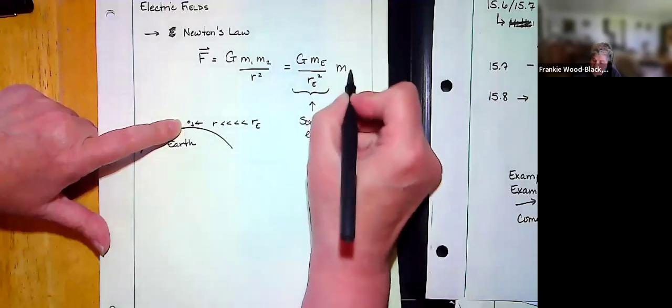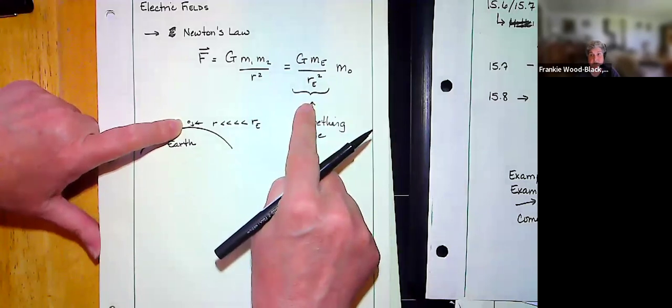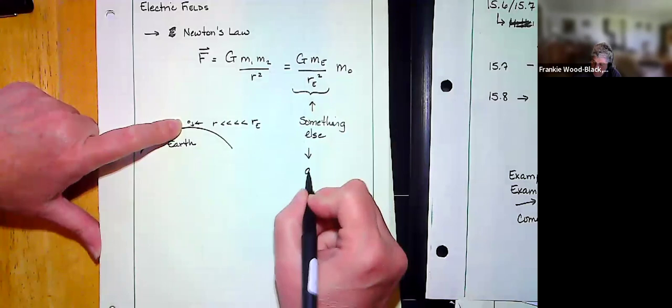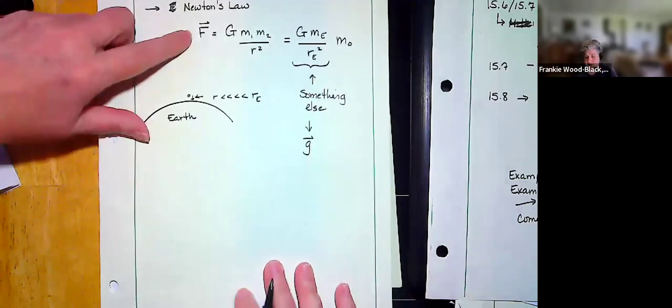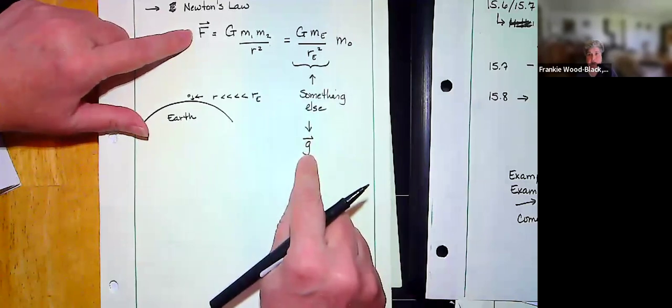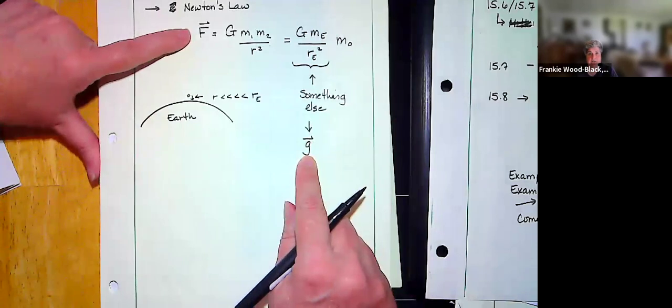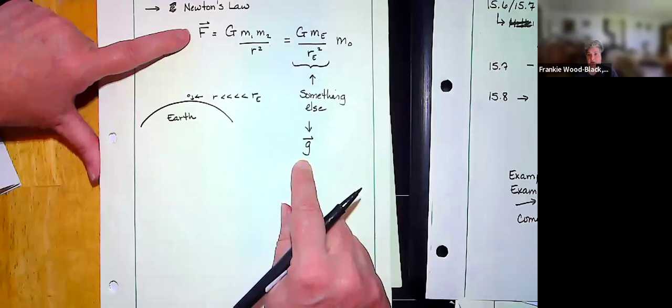And then we have the mass of our object. Now that something else we said was my acceleration due to gravity. So the force is going to be in the same direction as my acceleration due to gravity. And this was going to change based on what planet I'm on, what other object I'm on, or anything else.